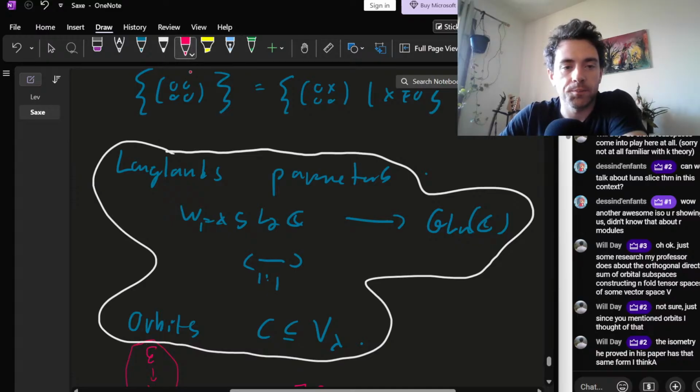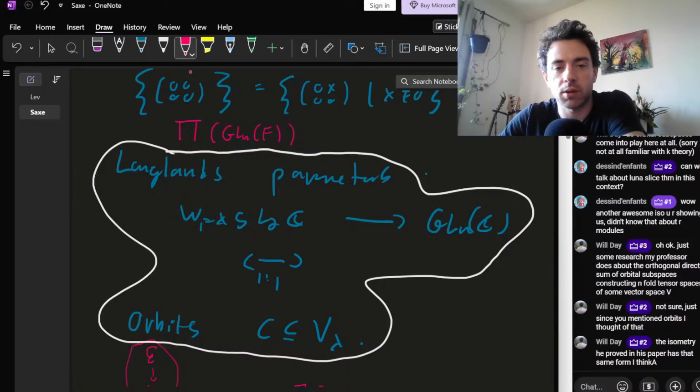But a while ago I mentioned that there should also be a bijection. Well, it's more complicated. For GLN, there should be a bijection between the set of irreducible representations of GLN and Langlands parameters.